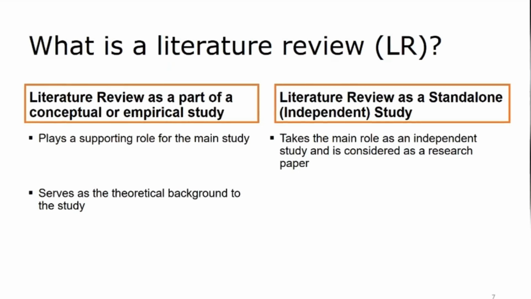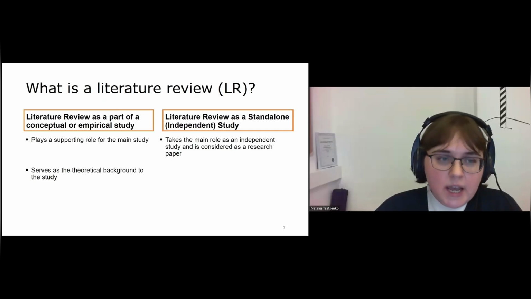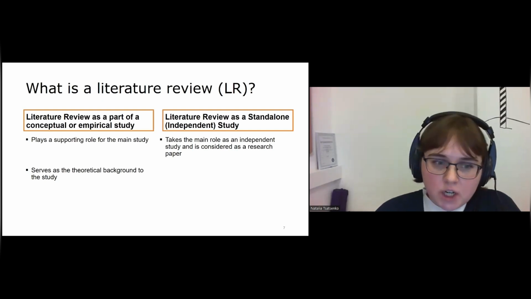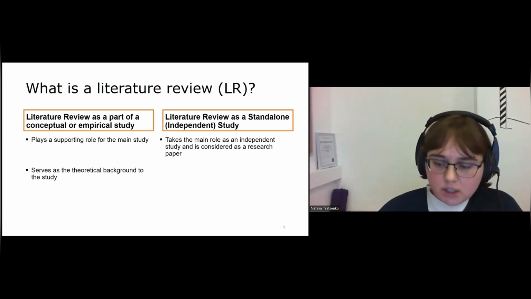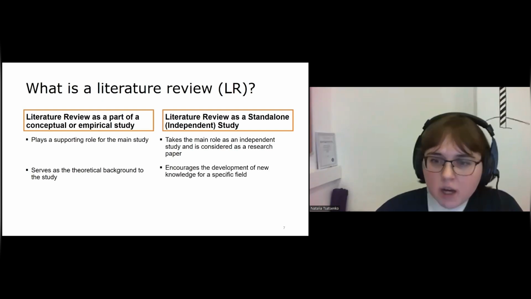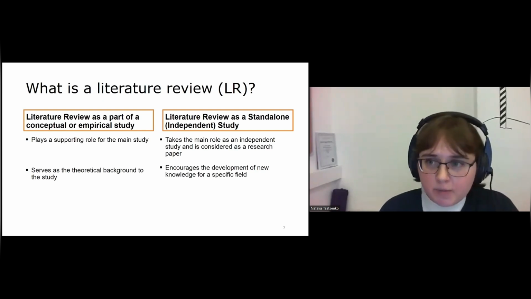The second feature, in this comparison, is that a literature review as a part of a study serves as the theoretical background of this particular study. A review article stimulates the development of new knowledge in a particular field, in a particular area.